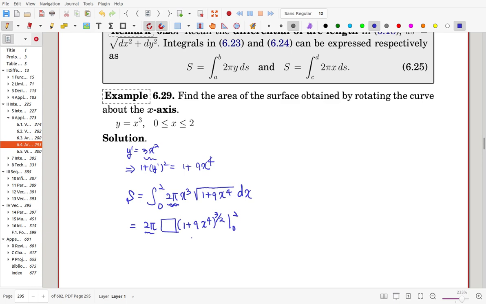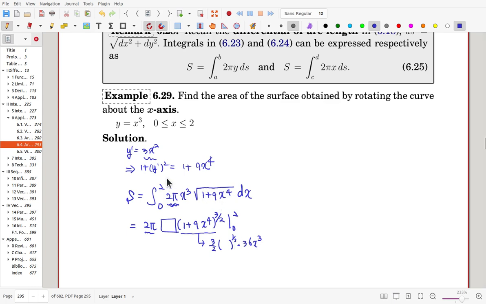To decide the value, we differentiate this portion. Then that will be 3 over 2, and inside the parentheses the same, to the half power, times the derivative, which will be 36x cubed.